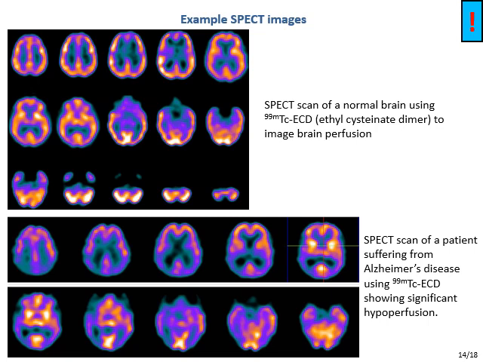So this demonstrates that such a kind of functional modality or functional information regarding brain activity or brain blood perfusion can be produced by SPECT. And I would like to again emphasize that we are not really interested in the anatomical detail or the morphology of the brain when performing SPECT. We are rather interested in the function, in this special case, the blood perfusion of different parts of the brain.